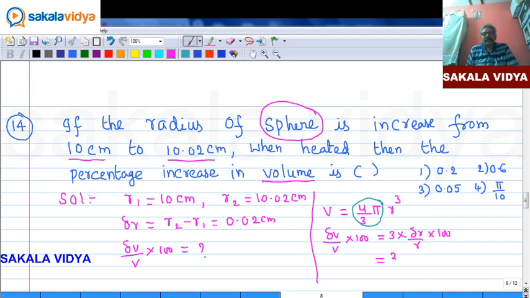So 3 times 0.02 by 10 into 100. This will be 0.2 into 3, 0.6. So second option is the right option.